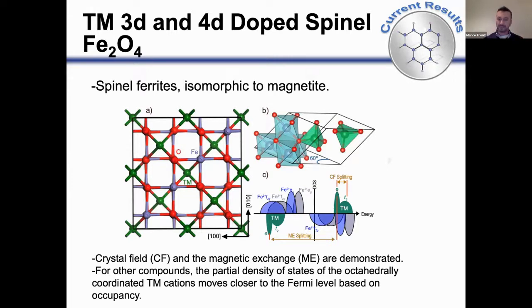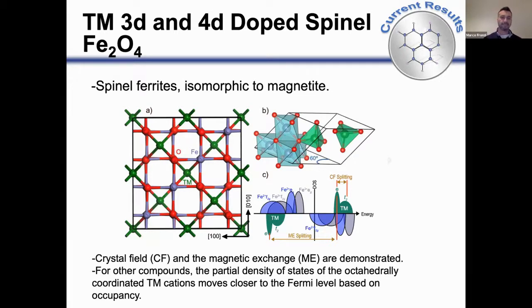Which means that we're supposed to see a crystal field splitting, so that the E and the T2 levels will split and will not be degenerate anymore. The second effect that we should be able to see is that the magnetic exchange will make spin up and spin down electrons different in energy and separated.